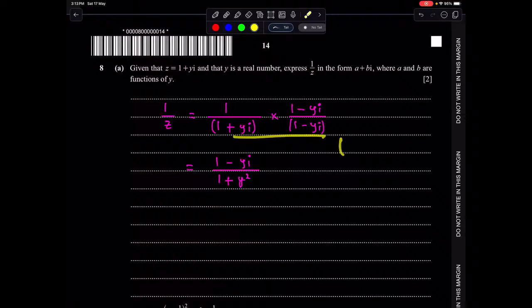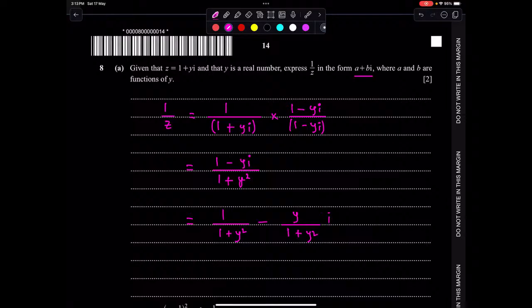Because this will become a square minus b square, and that will become 1 plus y square, because i square is minus 1. Now break the LCM, because we have to give our answer in this form. So 1 upon 1 plus y square minus y upon 1 plus y square i. That's it. This is 1 upon z.